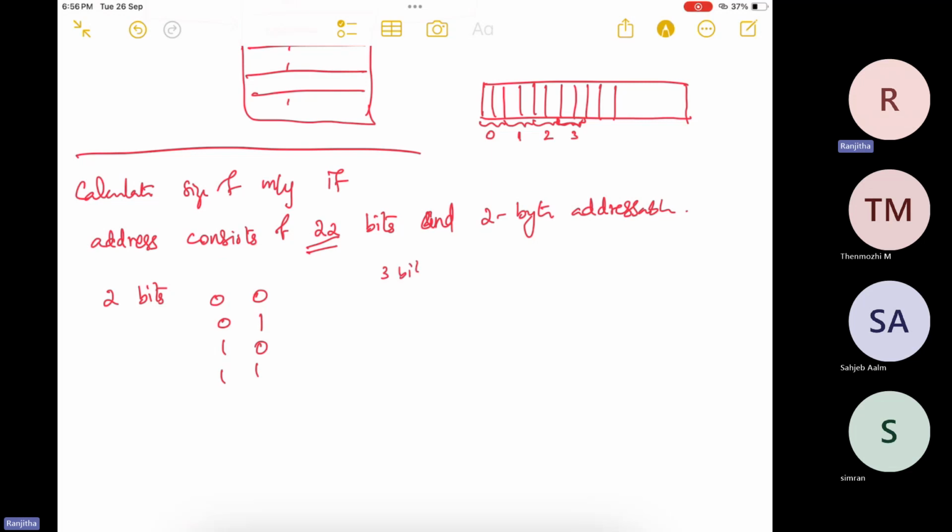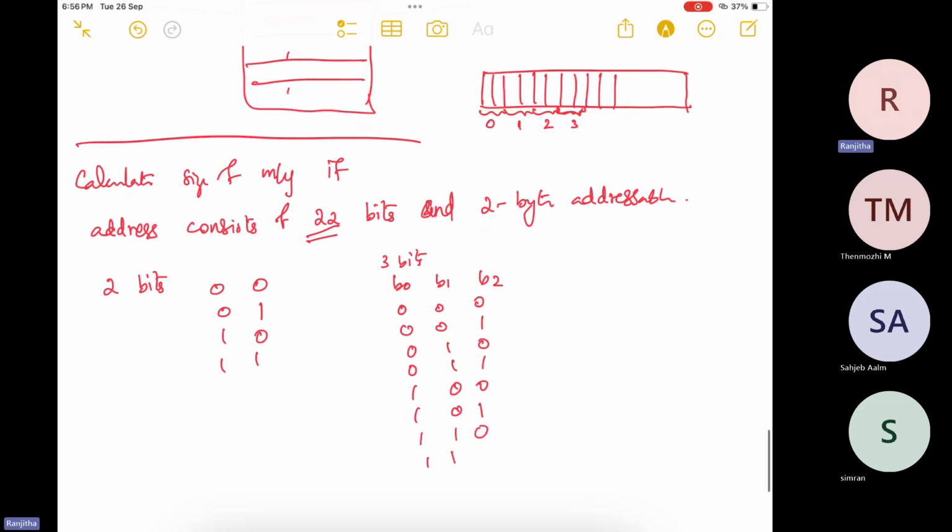If we take 3 bits, we get 000, 001, 010, 011, 100, 101, 110, 111. So with 3 bits we can get 2 power 3 different addresses, that is 8. With 2 bits it is decimal 0, 1, 2, 3, and with 3 bits it is decimal 0 to 7.